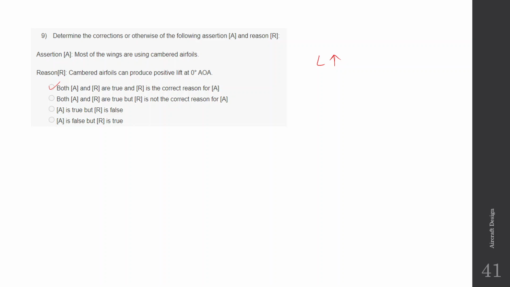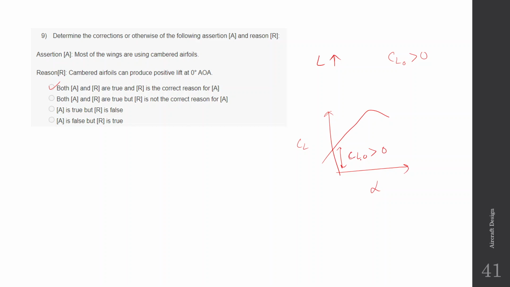And this is also true that cambered aerofoils can produce lift at zero angle of attack, so their CL naught is greater than zero. If you draw the CL versus alpha curve, then it is like this. CL naught is greater than zero.